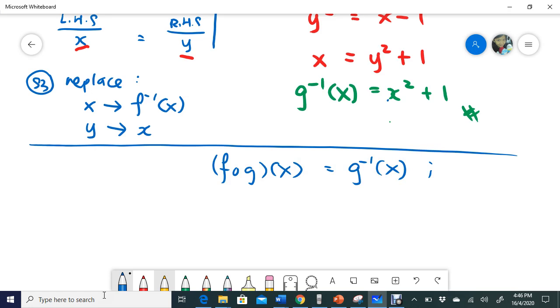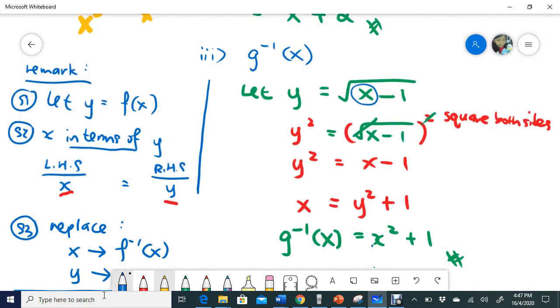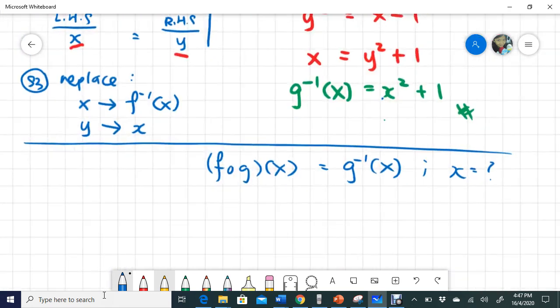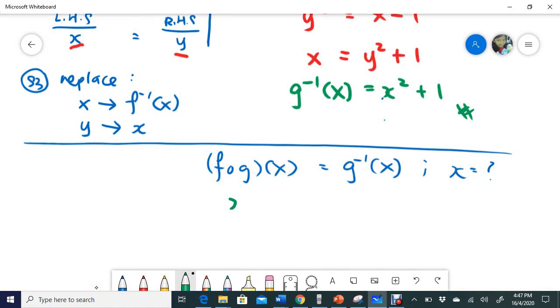Then they want you to find the value of your x. So substitute back. At the beginning is x plus 2, so I have x plus 2 equal to x squared plus 1.